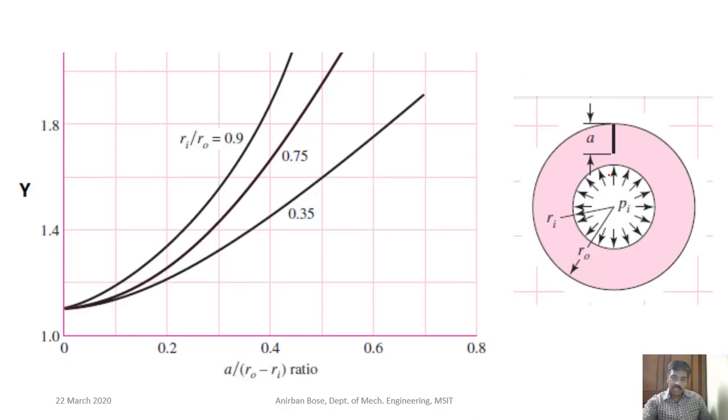Here is another example, a pressure vessel, with some fluid at very high pressure inside, and there is a radial crack. There also you can find out Y depending upon the geometrical parameters.